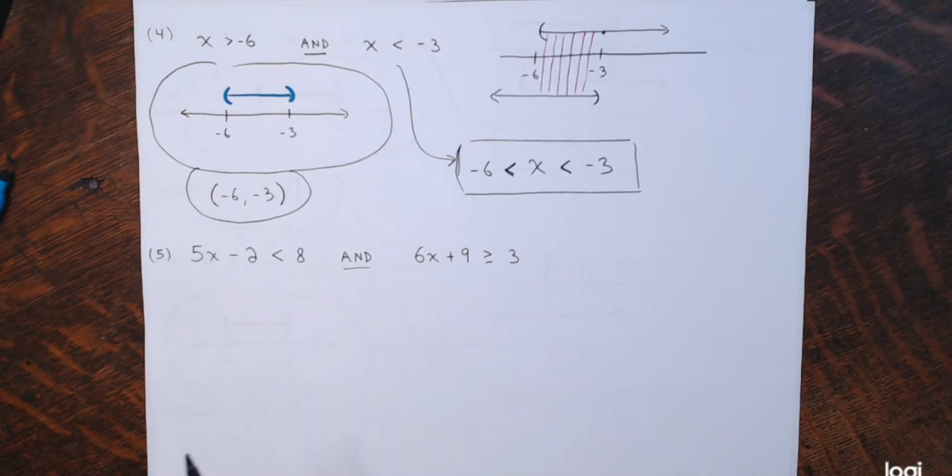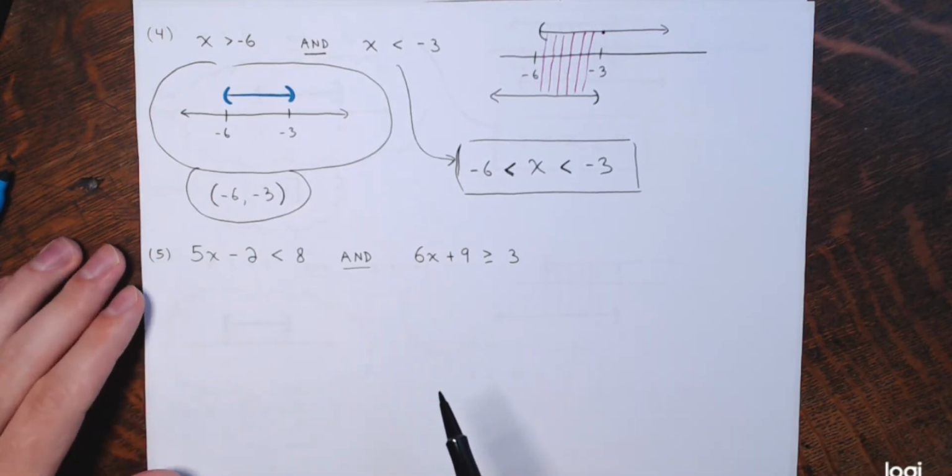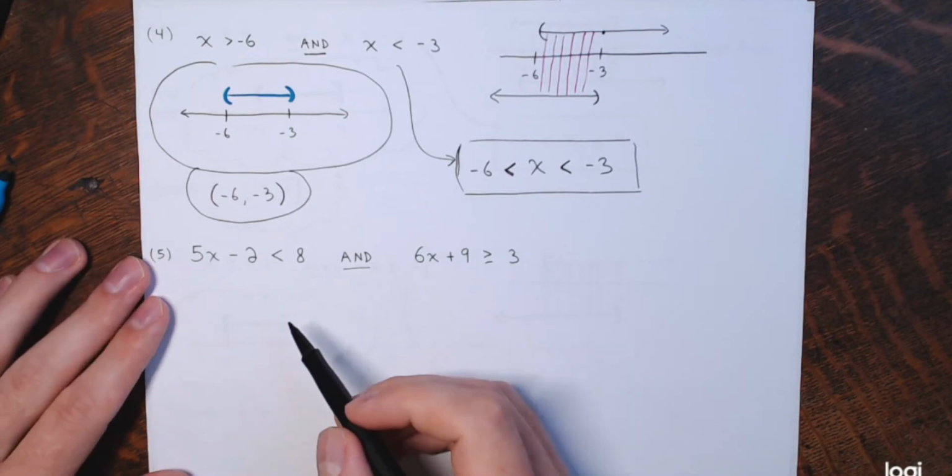Not just one or the other, but both. As I mentioned at the top of the video, I'm assuming you know how to solve inequalities in multiple steps, so I'm just going to breeze through the solving part. I'll write a few things, but I'm not going to write every little thing I'm thinking. I'll just say it out loud.